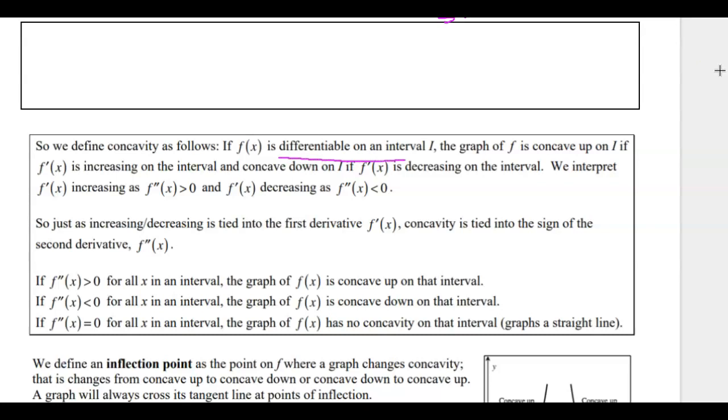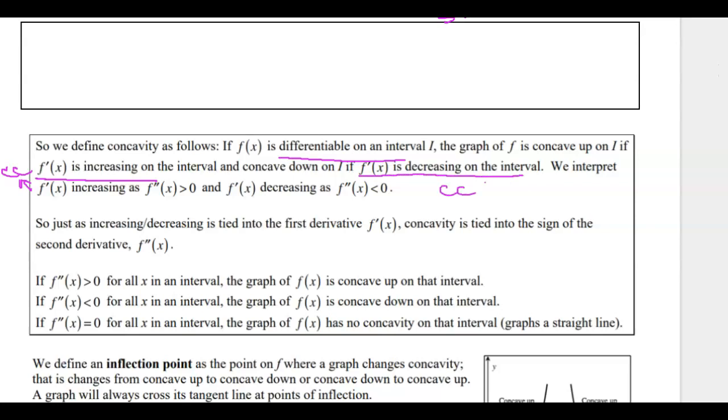The graph is concave up if your derivative is increasing, okay? That's what we would say if something was concave up. We abbreviate it concave up. Concave down means that your slope, or your derivative, is decreasing.